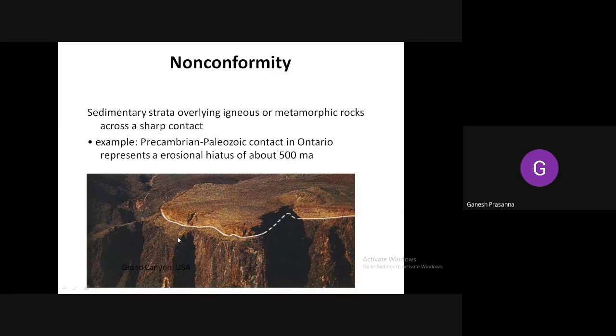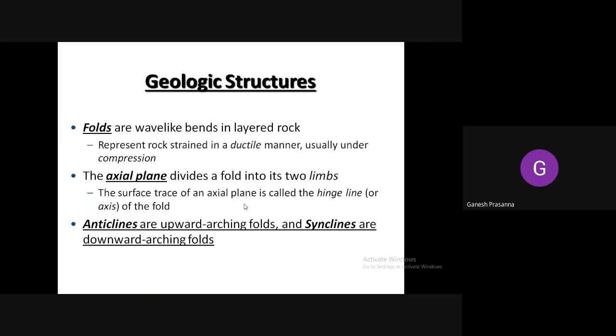If igneous or metamorphic rocks have taken the bottommost position, then the top portion will be overlain by sedimentary rocks. Okay, so these are the nonconformities.